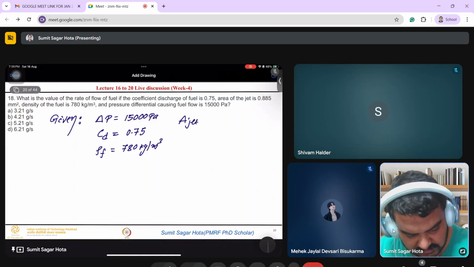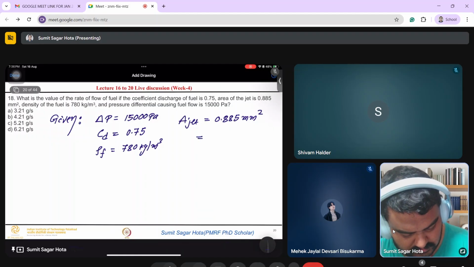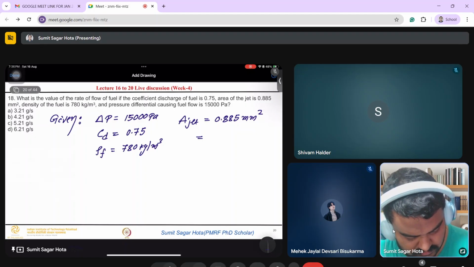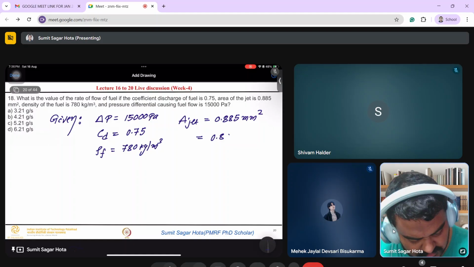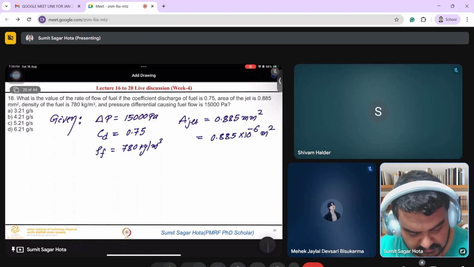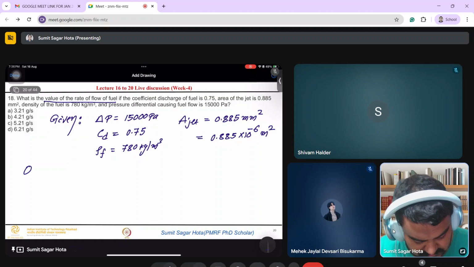Area of the jet is 0.885 mm square, which is equal to 0.885 into 10 to the power minus 6 meter square. We need to find the rate of flow of fuel, that means QF we need to find out.